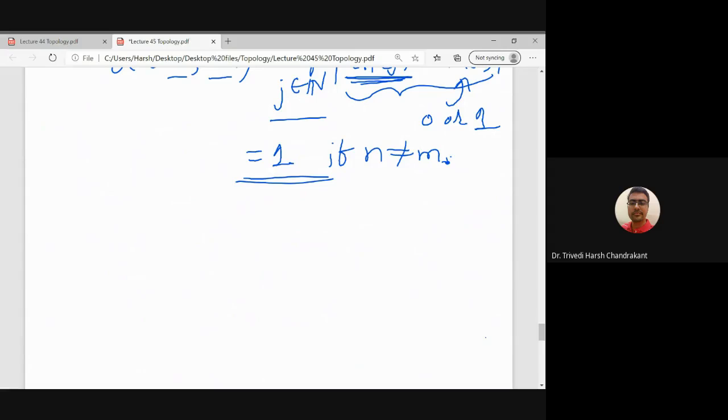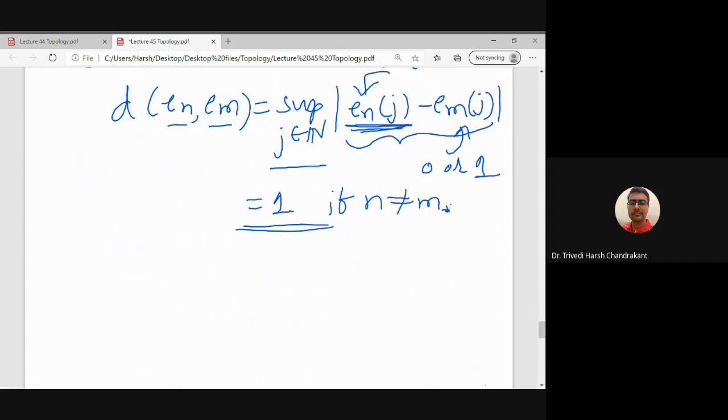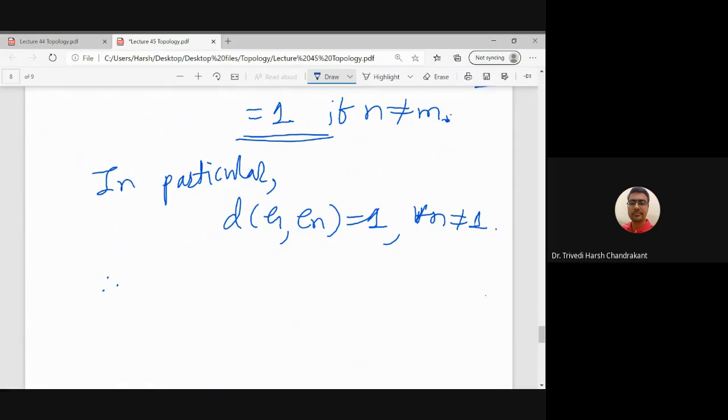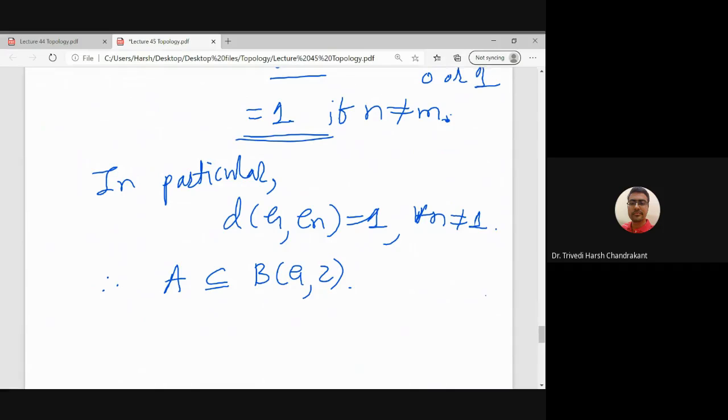So what we get here, in particular, is that the distance of E1 with each En is 1. That means each En is an element of A, and this set is a subset of the ball centered at E1 with radius 2. Right?